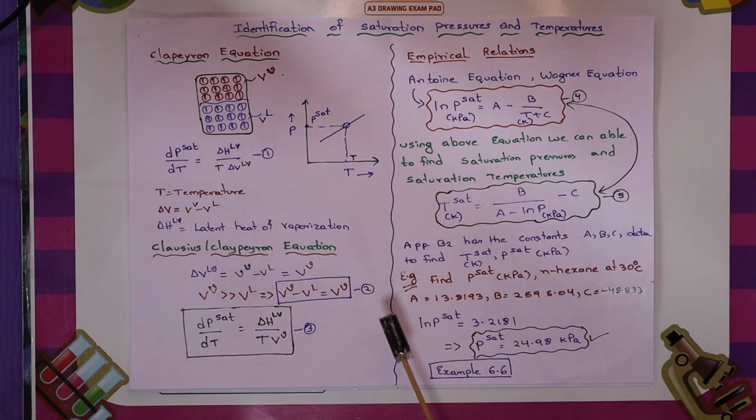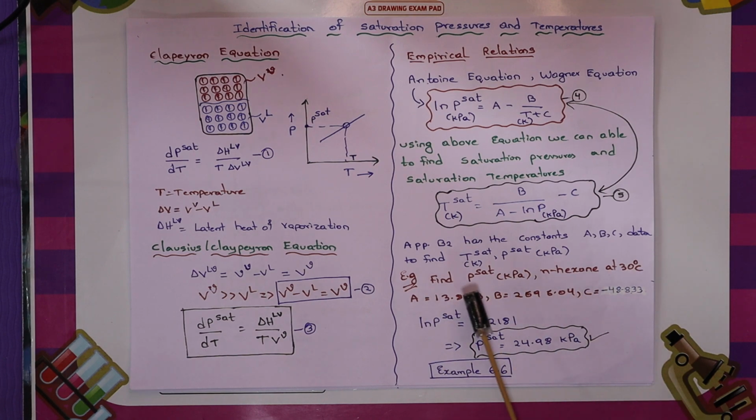For a small example, let us find the saturation pressure of n-hexane at 30 degrees centigrade. A, B, C are provided. Substitute the values of A, B, C in the Antoine equation, knowing the temperature is 30 degrees centigrade, which you have to change to Kelvin before putting into the equation.